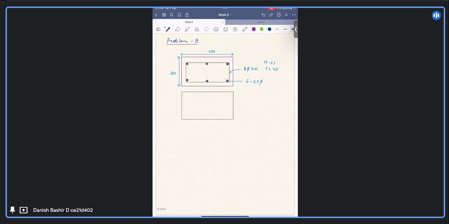This is one reinforcement line, this is the second reinforcement line, this is the third reinforcement line. We have all three reinforcement rows.